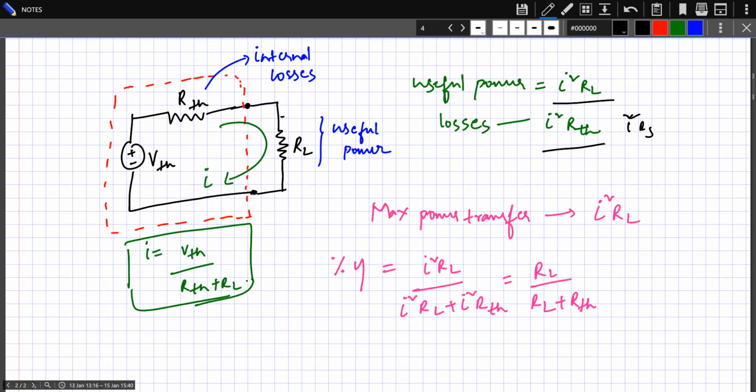As you increase the load resistance, from the voltage divider principle, the voltage drop across the load resistance increases, and as the voltage drop increases, the power consumed by it increases, because it is V squared upon R. So V increases, and as RL also increases, the efficiency is proportional to RL, by which we can state that as we keep on increasing the load resistance, the efficiency will increase.